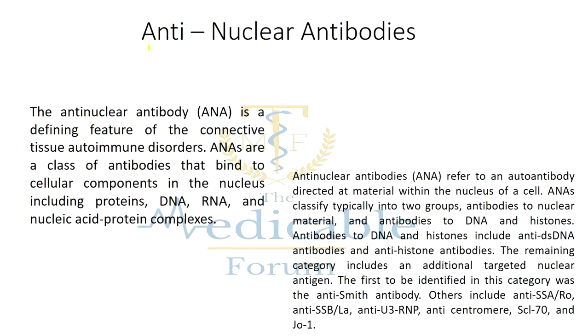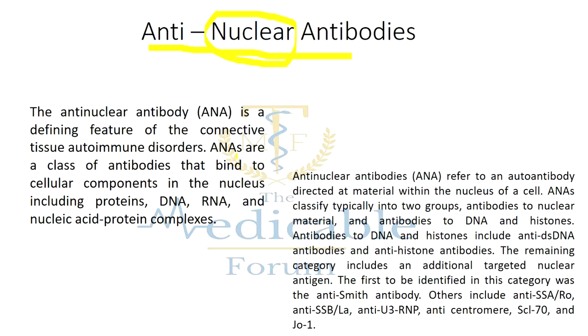So what about anti-nuclear antibodies? Anti-nuclear antibodies are basically antibodies acting against the nucleus and the nuclear components. It's one of the major autoantibodies which we check in rheumatological conditions. The anti-nuclear antibody is a defining feature of the connective tissue autoimmune disorders.